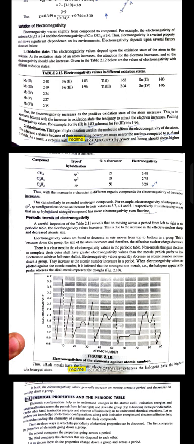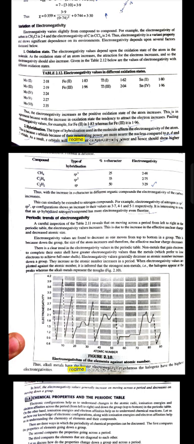Thus, the electronegativity increases as the positive oxidation state of an atom increases. This is in agreement because with the increase in the oxidation state, the tendency of the attraction of electrons increases. Pauling electronegativity values, for example, for ferrous is 1.83 and ferric is 1.96.